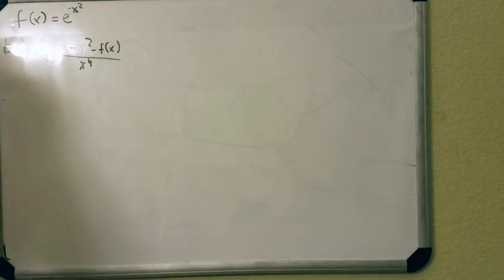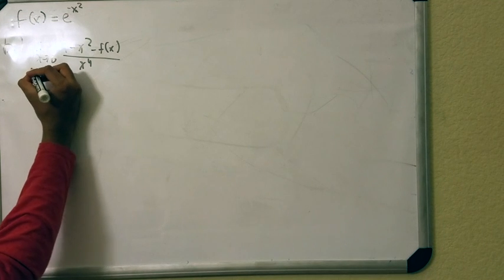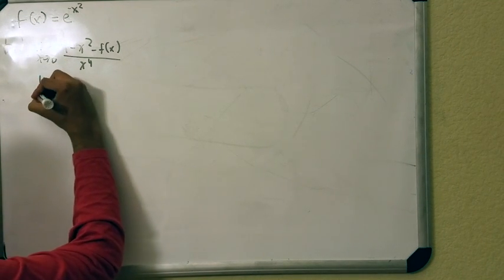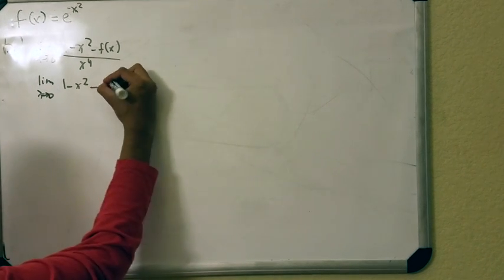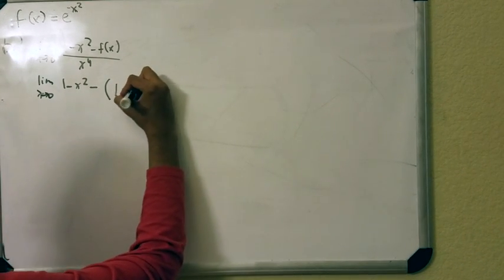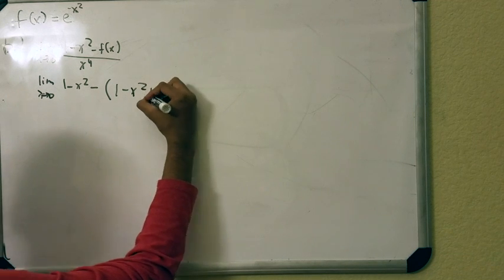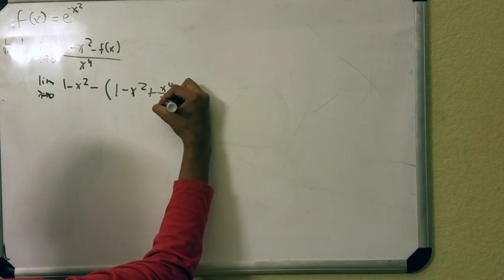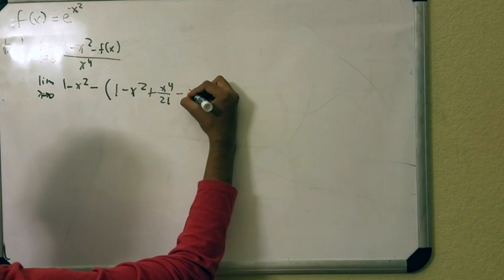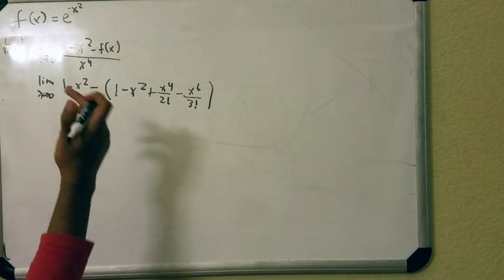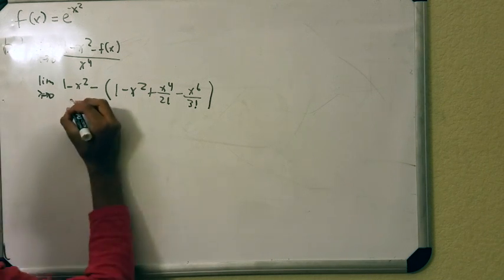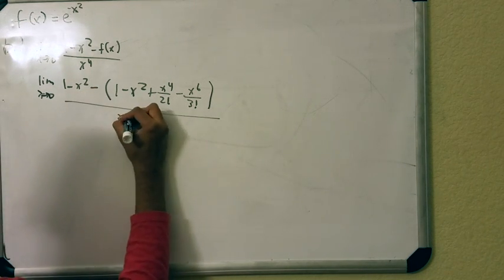Last time we found f of x to be, so let's just plug it in. Limit as x goes to 0 of 1 minus x squared minus, and f of x is 1 minus x squared plus x to the 4th over 2 factorial minus x to the 6th over 3 factorial. This is the 4 terms of the representation we found last time, all of this over x to the 4th.